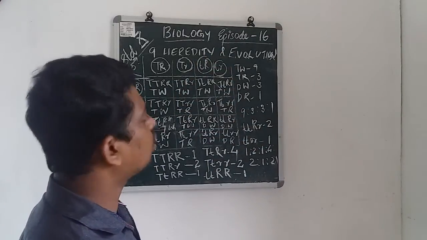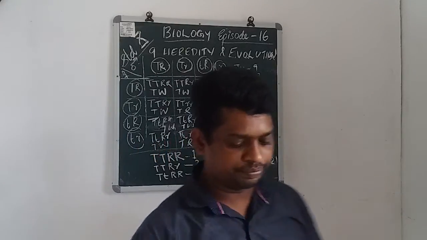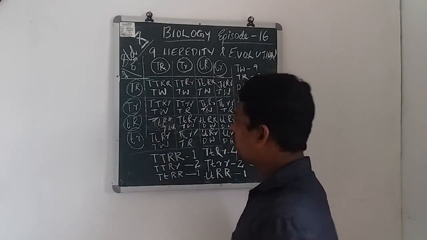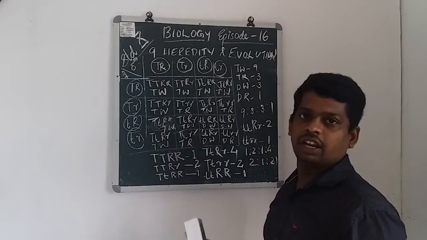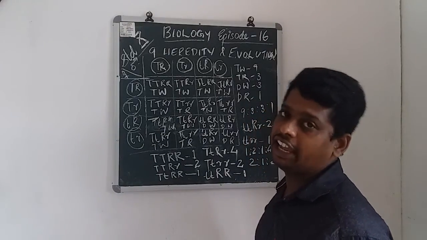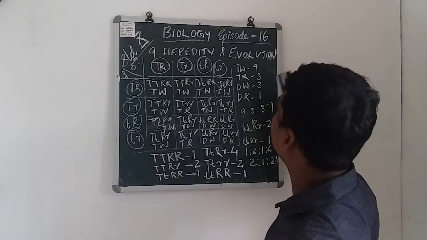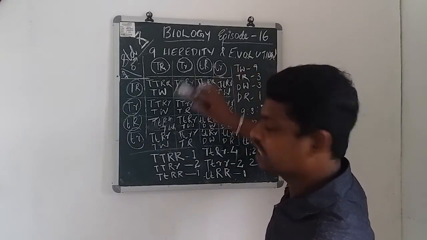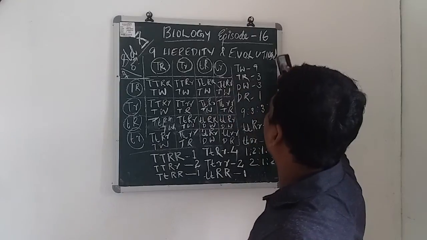This is the two contrasting characters crossing over with each other. That means the dihybrid cross. This is the checkerboard.